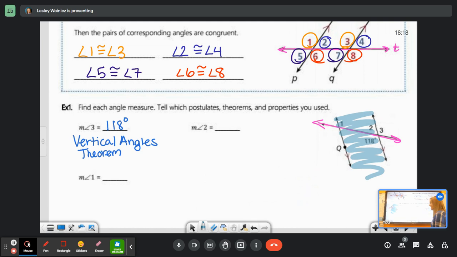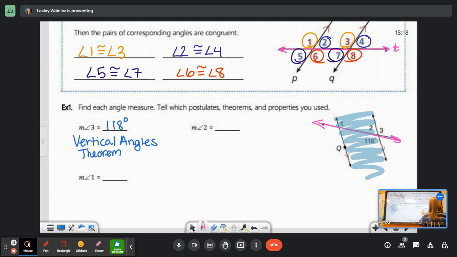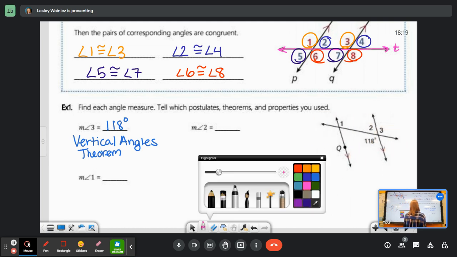So they are alternate interior angles, and they are congruent. Oh, you don't know that yet. Back it up. Forget I said that. You're going to find that out in a minute.